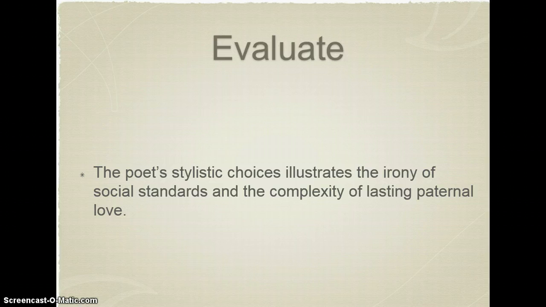And again, social standards goes back to the countenance of the mother, the father coming home drunk. He's a hard-working man, but even with all of that, even with how people may perceive him, he takes time to do this waltz with his son, making this a very beautiful poem about love and about understanding.